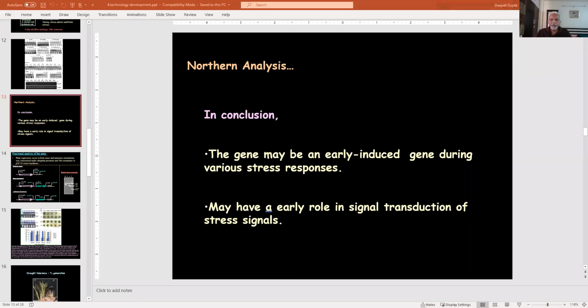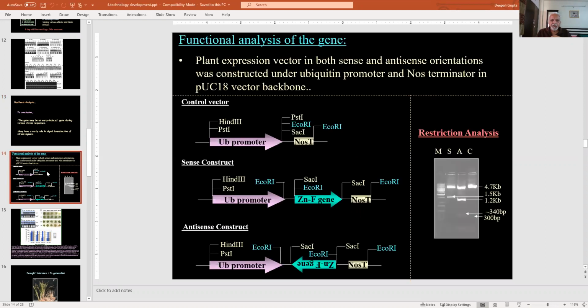how we went on. So this is the last slide I showed you in conclusion, that the expression profile of the gene indicated that it is involved in very early events of stress management, either in signal perception or signal transduction. Now, to validate, the gene was cloned into a vector system.